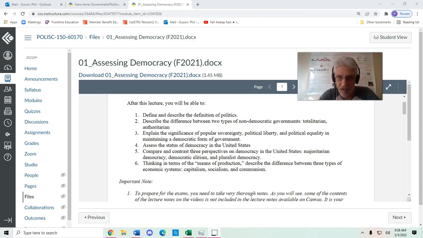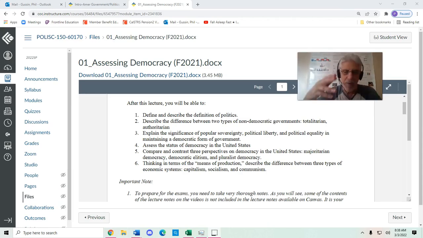You can see that there are 6 learning objectives, right? One is defining politics, one is defining totalitarian and authoritarian forms of government. The other one is about political liberty, political equality, sovereignty. I spent a lot of time talking about popular sovereignty, political liberty, political equality, and maintaining a democracy, right?